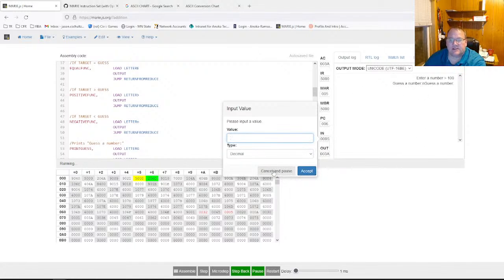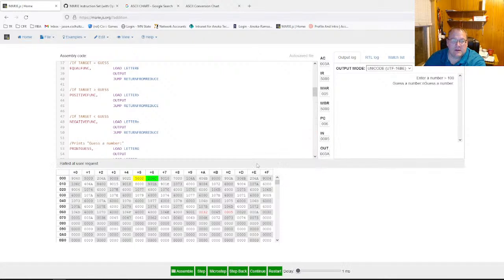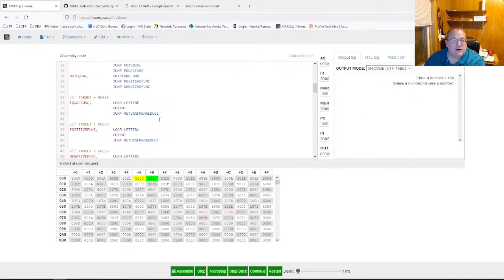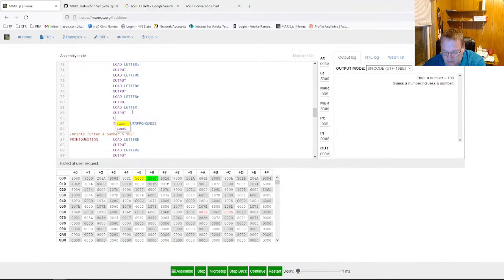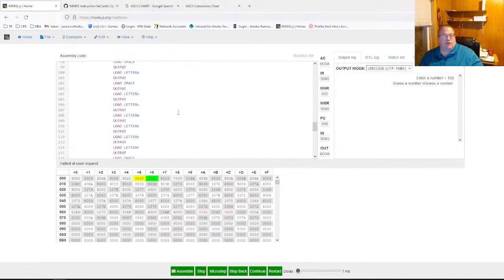All right, so we can pause now. So it says it was a negative. So we ended up being in this one here. That's why we got that N there. But what we need to do is we need to go down here, and we need to go load new line. And then output. So we'd forgotten to put that there.